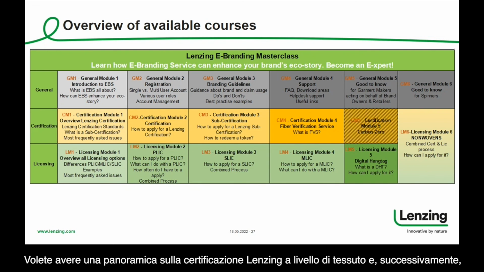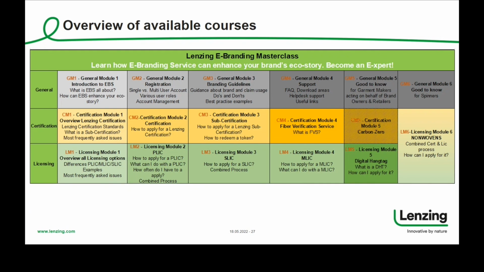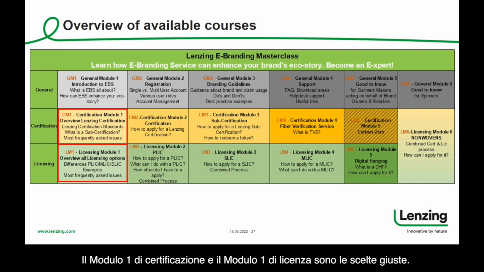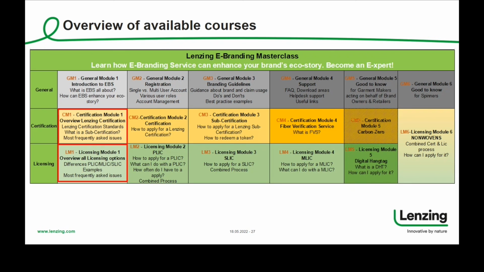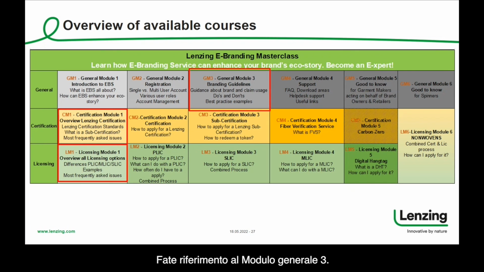You want to get an overview about the Lenzing certification at fabric level and subsequently all licensing options to get permission to use our brands? Certification Module 1 and Licensing Module 1 will be the right choice. You are unsure how to properly use our brands in your communication materials? Please refer to General Module 3.